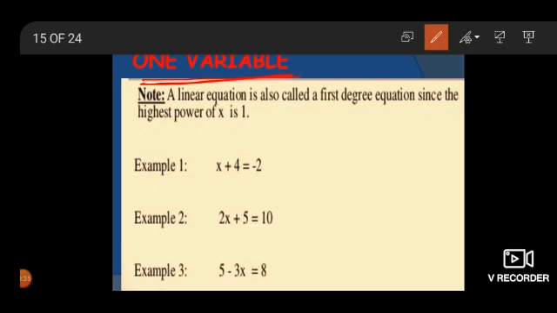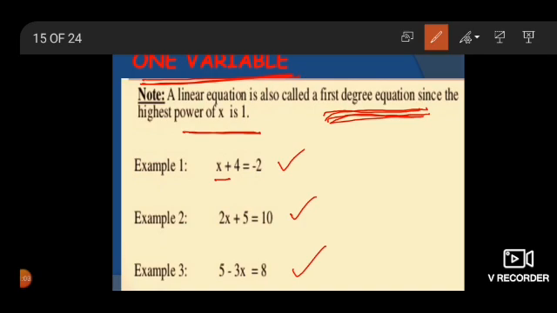A linear equation is also called a first degree equation because the highest power of the variable will be 1. Look at the power of x, here x has a power of 1.